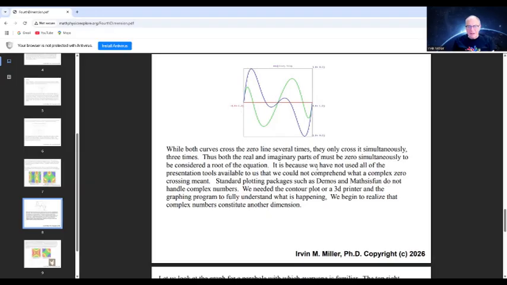Now, I've looked at some of the plotting packages like Desmos and Maths. It's fun. And some of this stuff they can't handle because they can't handle imaginary numbers. I even called them once to show them that I had plotted a curve with my plotting package that their plotting package wouldn't plot.